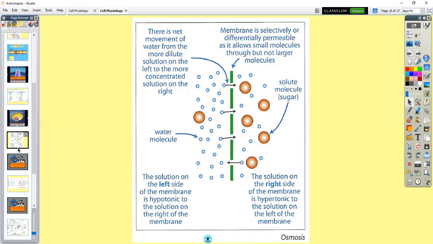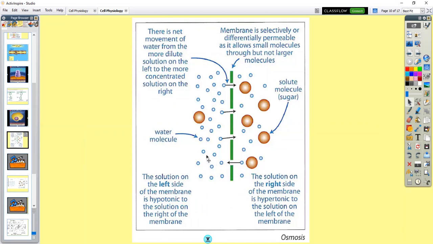Okay, and you can see in the diagram here, if this is a membrane, it's a partially permeable membrane, you see little gaps in between. You can see there's more water molecules on this side, so this would have a higher concentration or be a more dilute solution, whereas there's less water molecules, more sugar in this case, or solute molecules on this side, so it's more highly concentrated or less dilute.